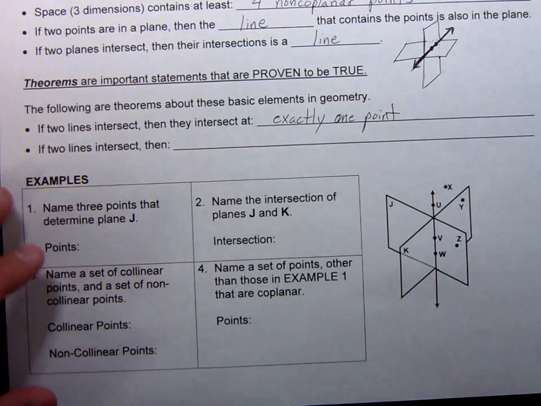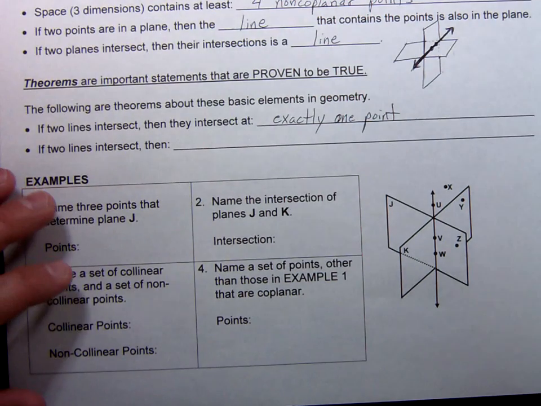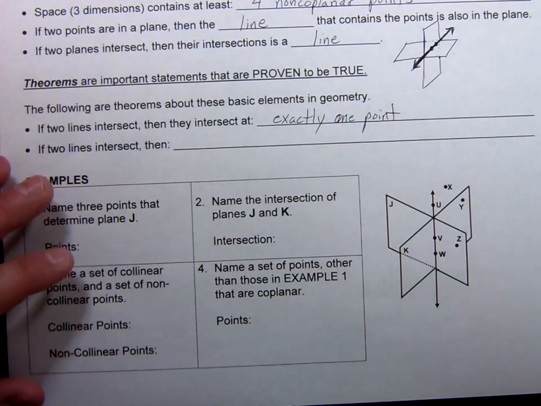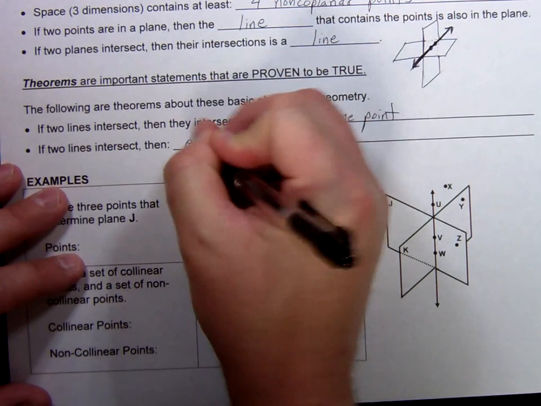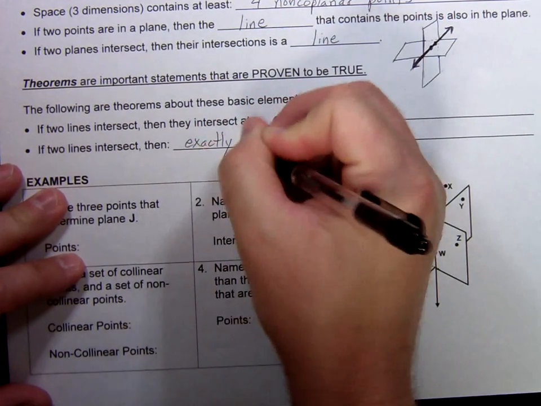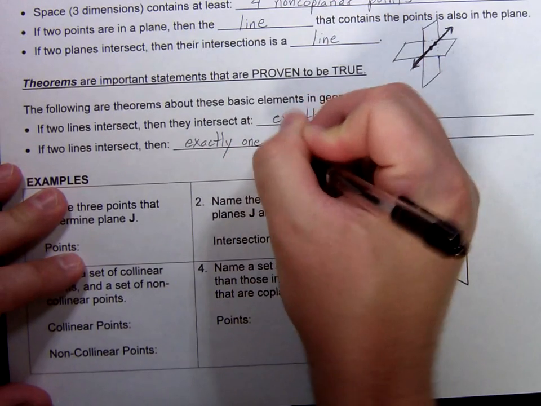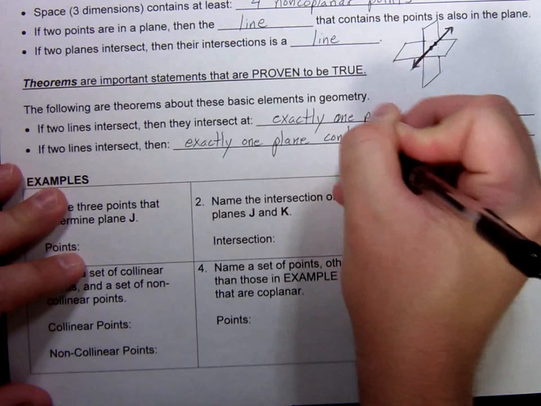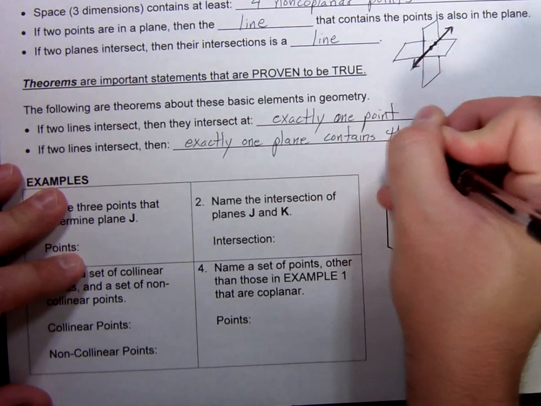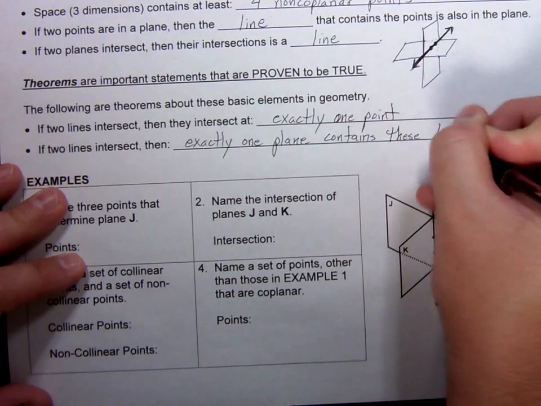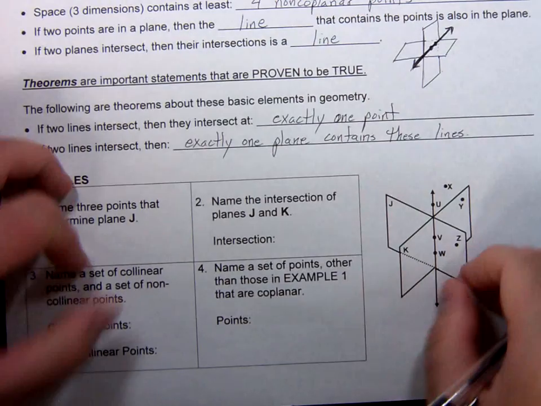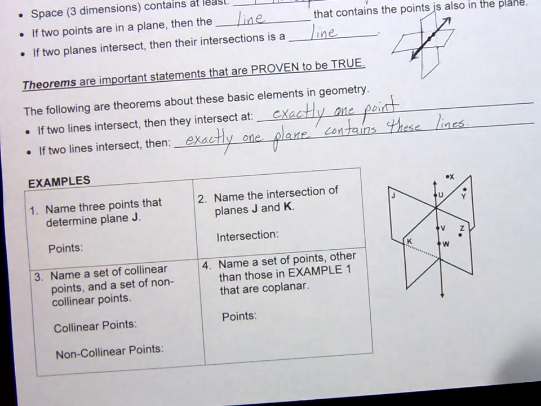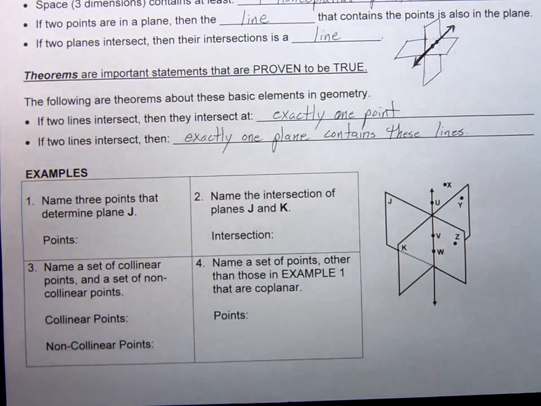Alright, if 2 lines intersect, then exactly 1 plane contains these lines. If you have 2 lines that intersect each other, there will be exactly 1 plane that has both of those lines on the plane.